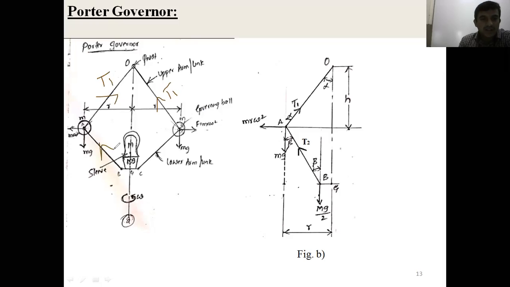Second, from the lower arms also a tension T2 occurs. Third is the centrifugal force, the radially outward force acting on the governor ball when the balls are rotating. Another one is the weight of the governor balls.